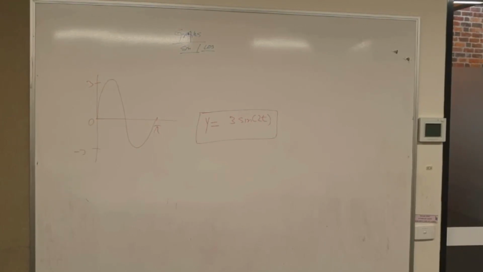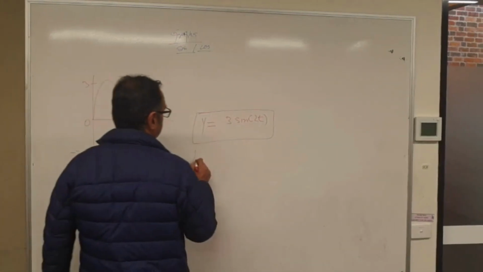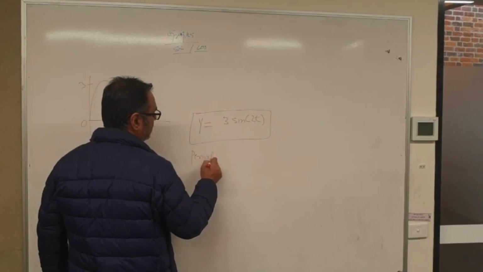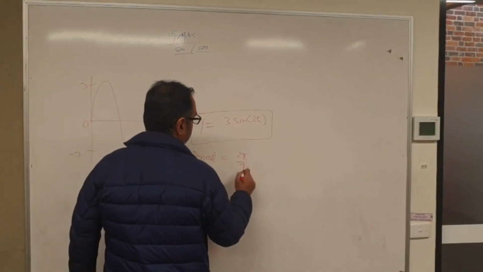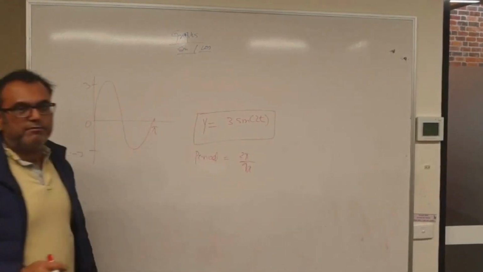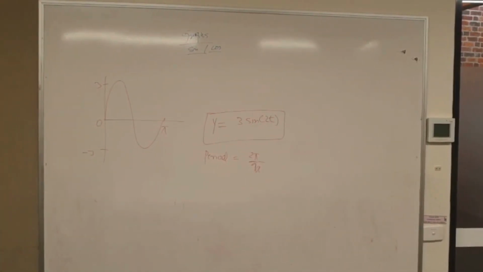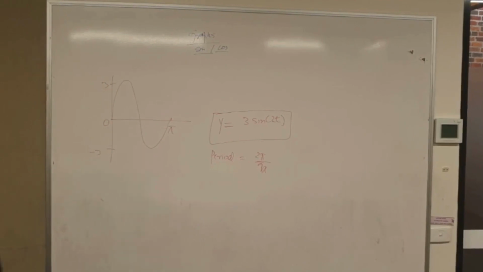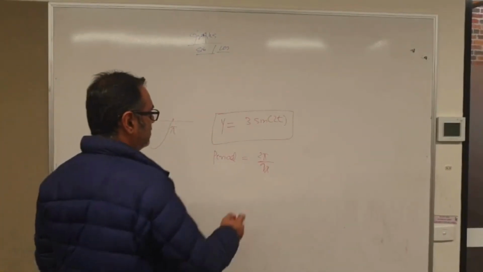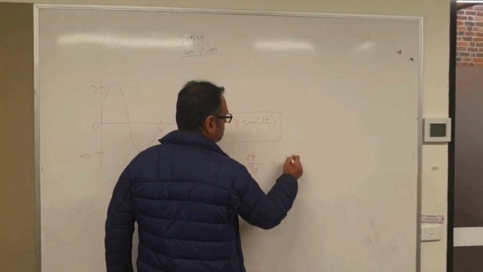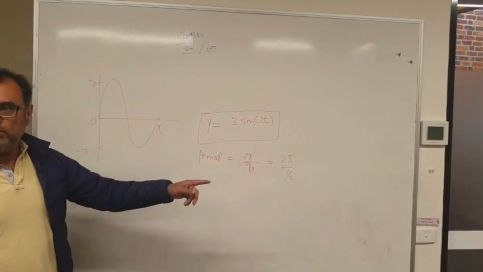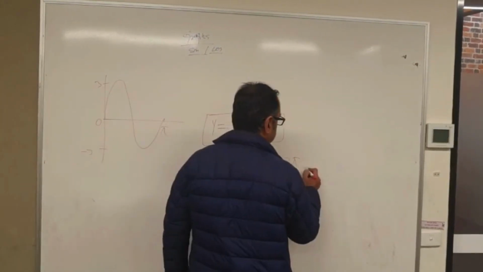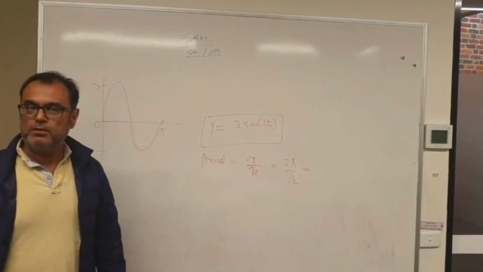Tell me what is the period of the graph? The formula for period is 2 pi over n. What is n? 1/2. Half. So if I say 2 pi over half, then what is the final answer? 4 pi. So this will be 4 pi.